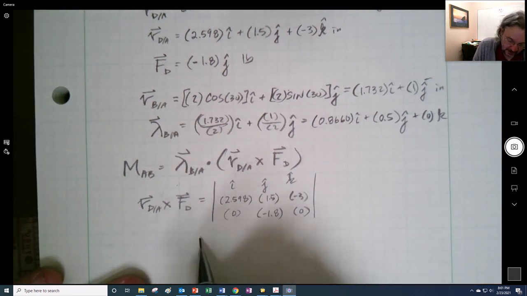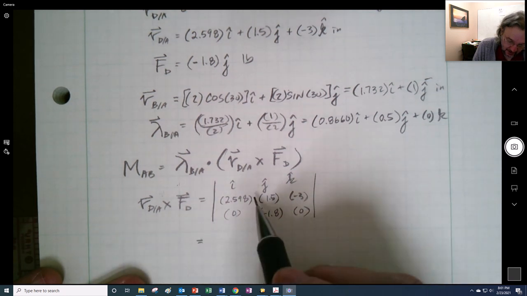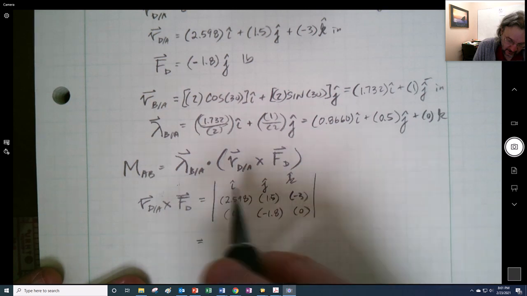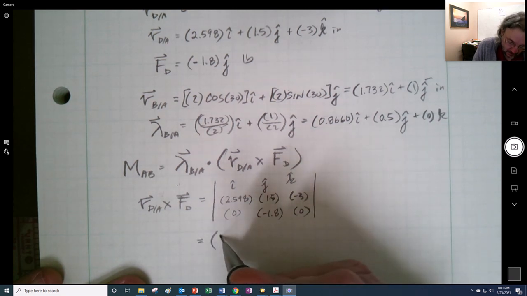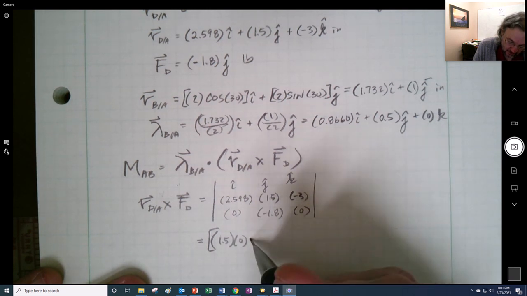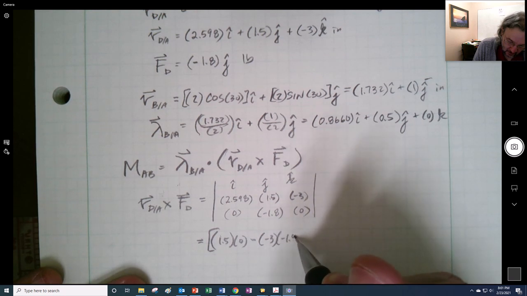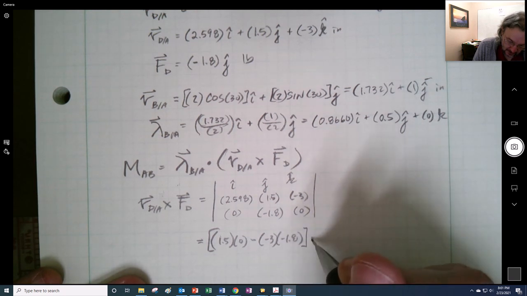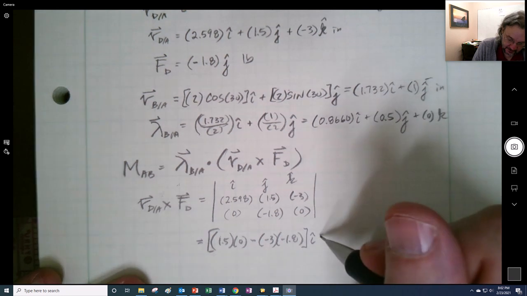So we take this and I'll write it out this way. We take the i and we're going to cross this right here. So this is going to be 1.5 crossed with 0 minus -3 times -1.8 right here, right? So there's going to be i.